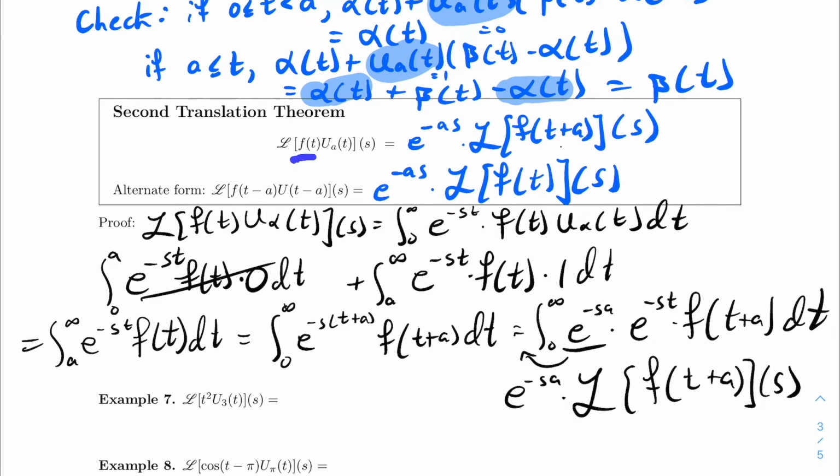All right, so function times u_a(t). We multiply by e to the negative as, where a is 3, so negative 3 times s, and then times the Laplace transform of f of t. This t squared is our f of t.